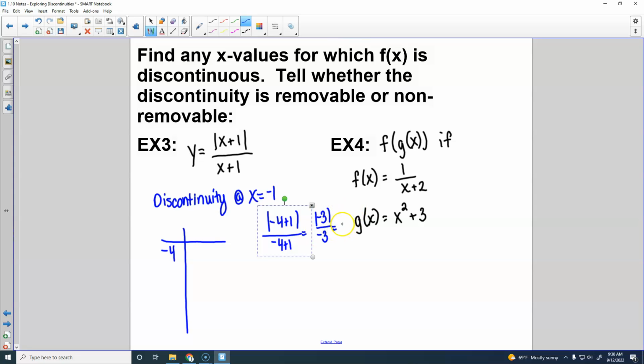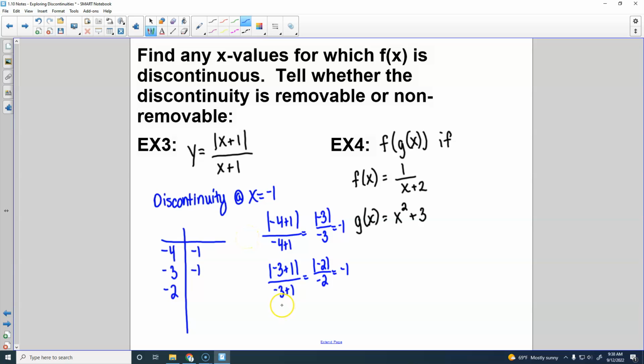What will that be? 3 over -3, which will give me -1. All right, so I'll get -1 here. With -3, I'd have absolute value of -3 plus 1 over -3 plus 1. That gives me absolute value of -2 over -2, which gives me -1 again. What's going to happen with -2?